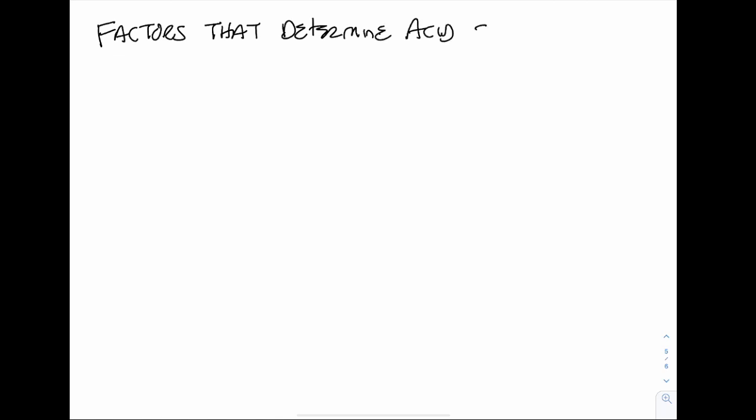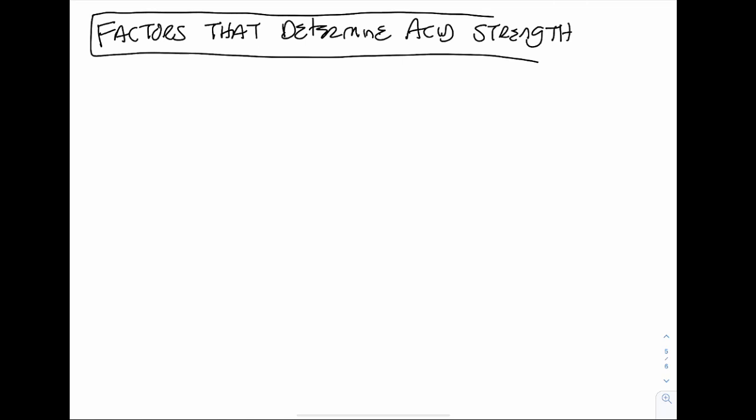In this video, we're going to look at factors that determine the strength of our acid. Eventually what I want us to be able to do is, given an acid-base reaction that's at equilibrium, like we were given in the last video, but not given pKa values, be able to determine whether reactants or products are favored at equilibrium.